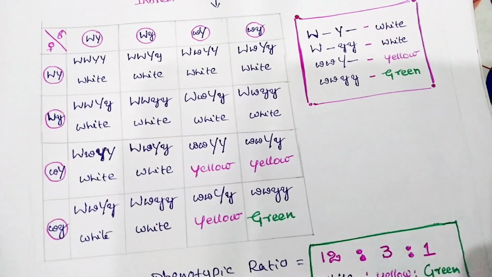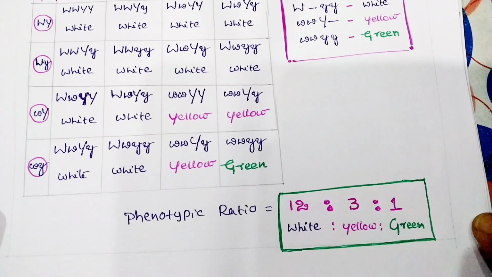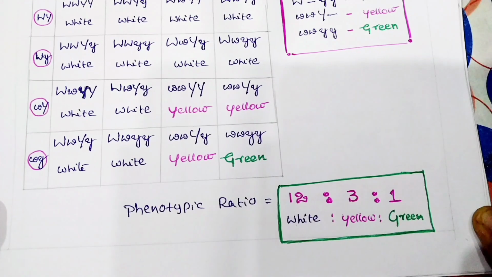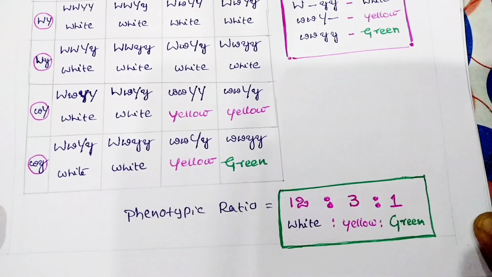So here we are getting the ratio of 12:3:1: 12 white fruit colored progeny, 3 yellow fruit colored progeny, and 1 plant with green fruits.